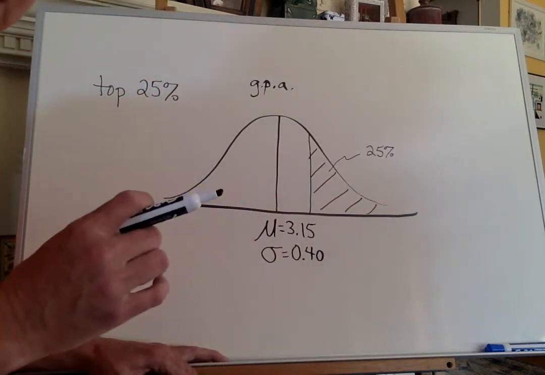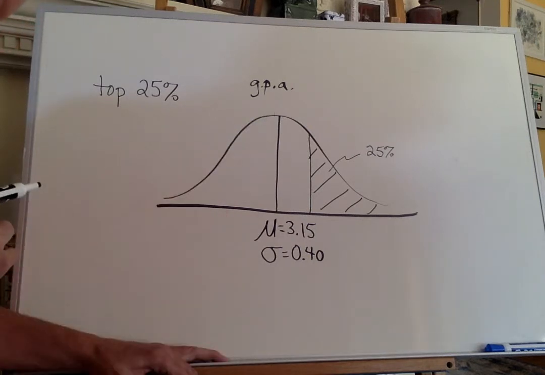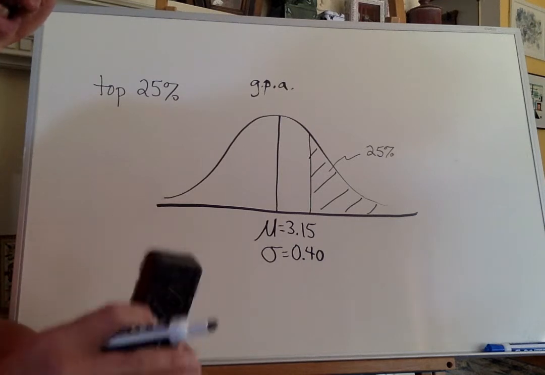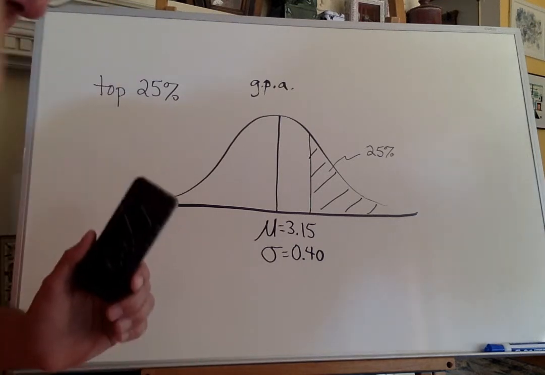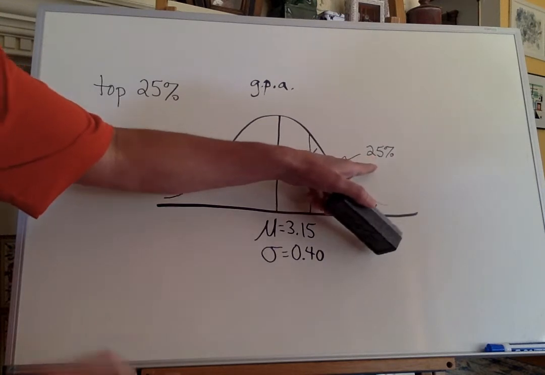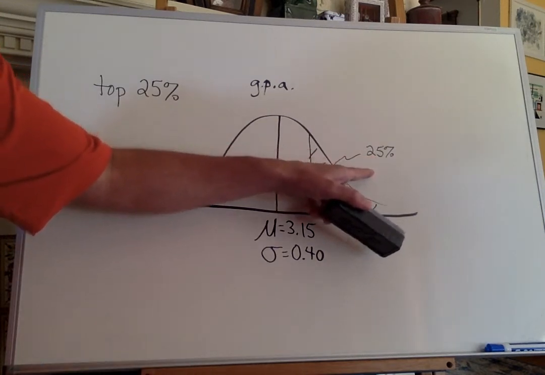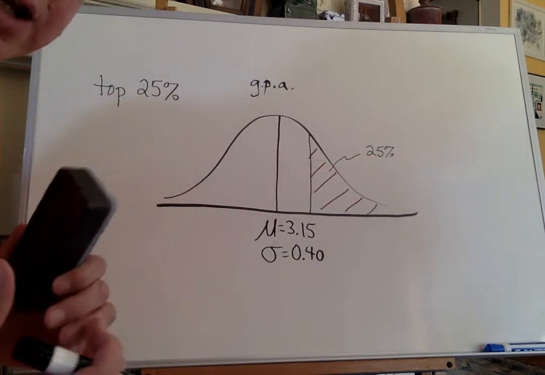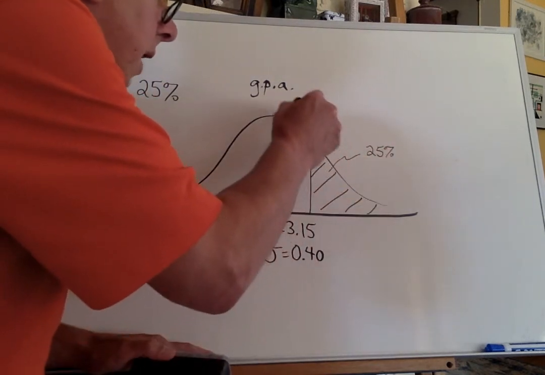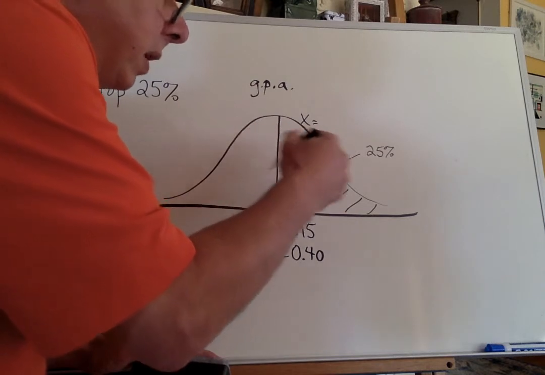If I have that information, I can use the unit normal table as well. Of course, the unit normal table doesn't give percentages, it gives proportions. So the first thing I need to do is convert this to a proportion so that I can then use the table, okay? And I'm looking for an X value, that is, I'm looking for a GPA.